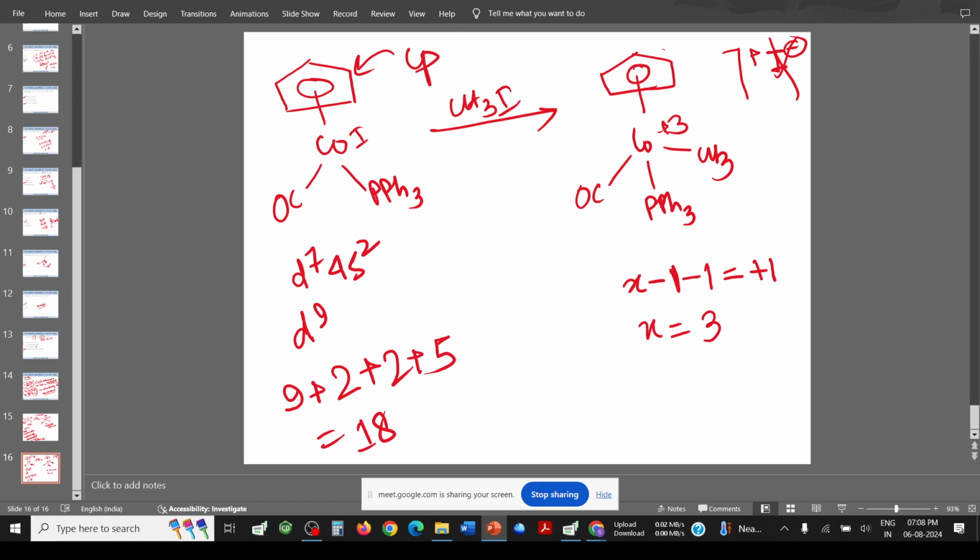How to calculate the oxidation state of any metal? Okay. So this is the 2 electron oxidation from the cobalt center. Here we also calculate the total number of valence electron.